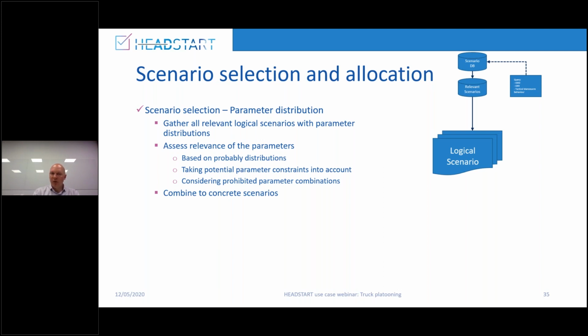We do that based on the probability distribution. So how likely is it that a certain parameter has a certain value, but also in combination of different parameters. So we need to take into account that certain parameter combinations are not possible.